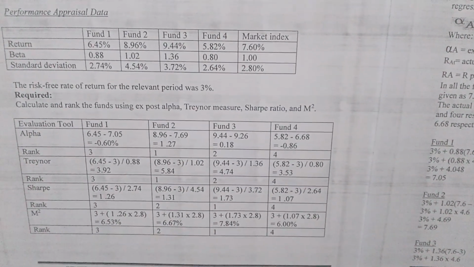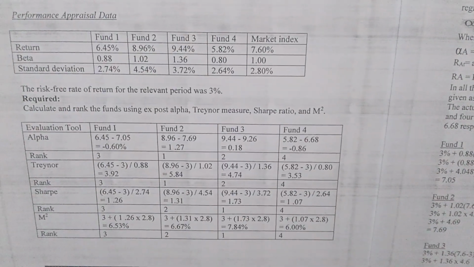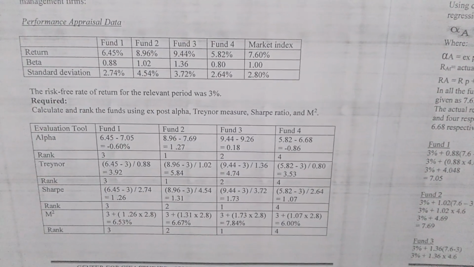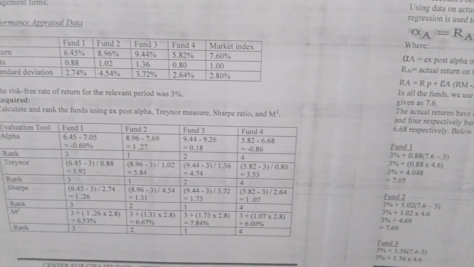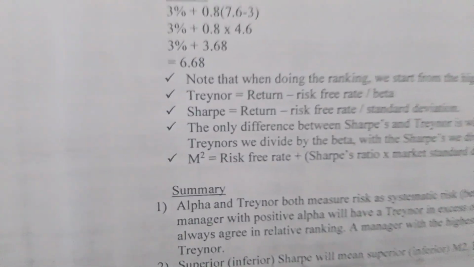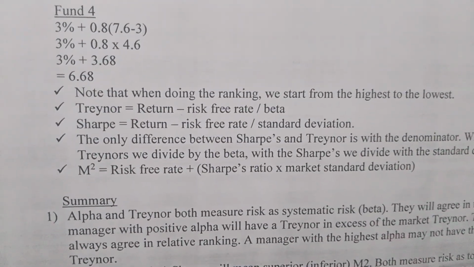So I just focus on the calculation part of it. However, before I take the calculation, I wish to show you the formulas that we will be using when calculating these particular items.